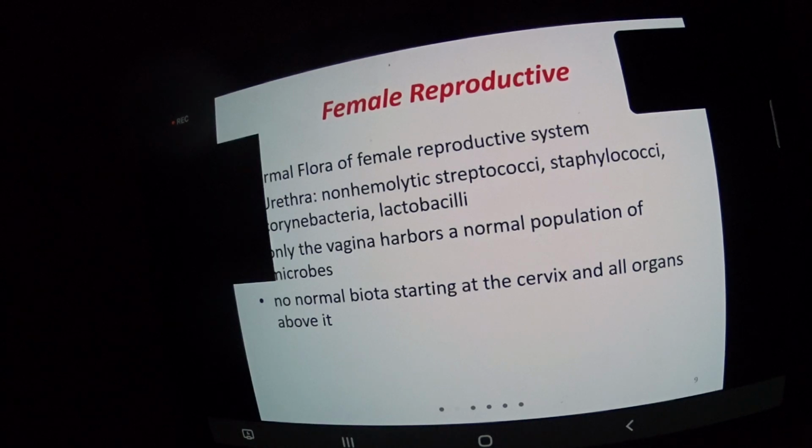The flora in the area is very similar to the flora in the urethra of females, but in general, because the area is pretty open, any flora that you have on the skin can actually be found there.